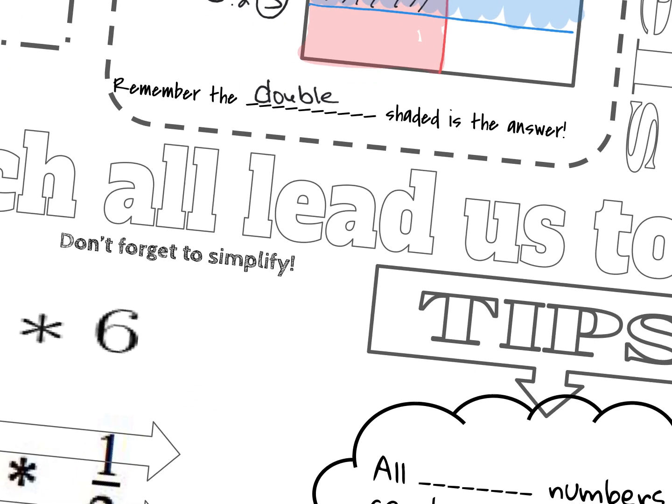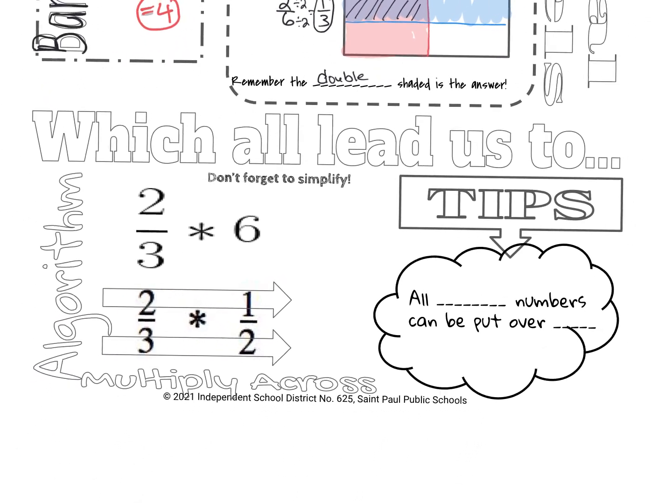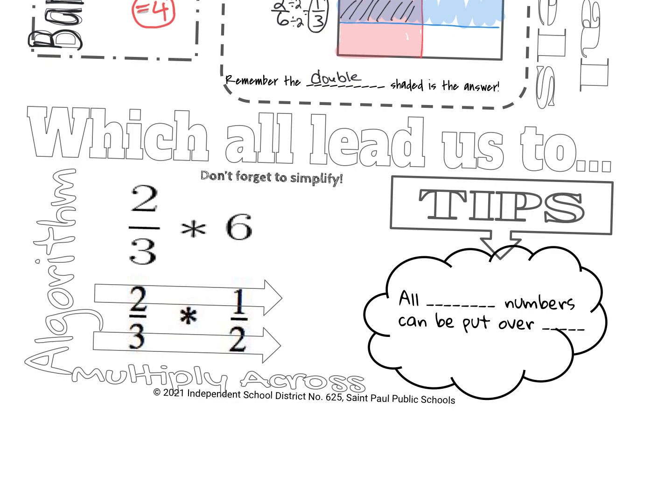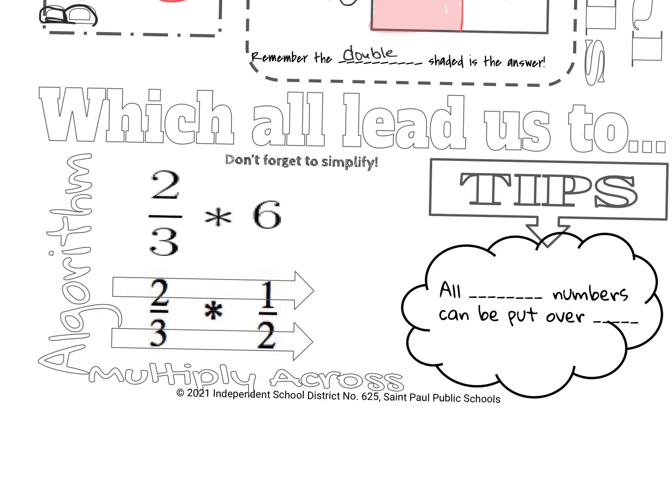So this all helps explain and lead to the algorithm that we can use. As we're thinking through this, we're thinking about how when we did these in class, they ended up leading us to notice that there was a pattern happening. And what ends up happening is that when we multiply fractions, we can just multiply across.